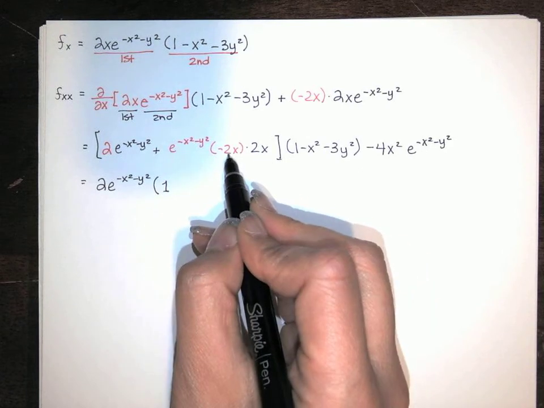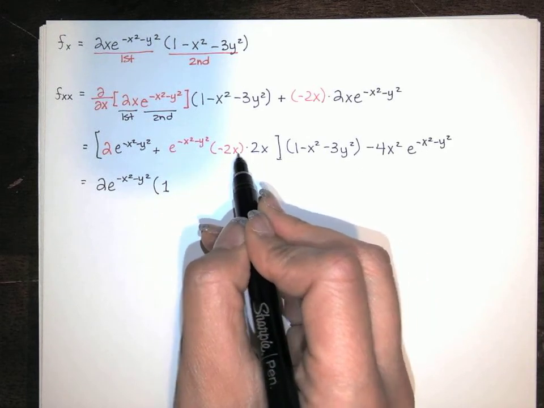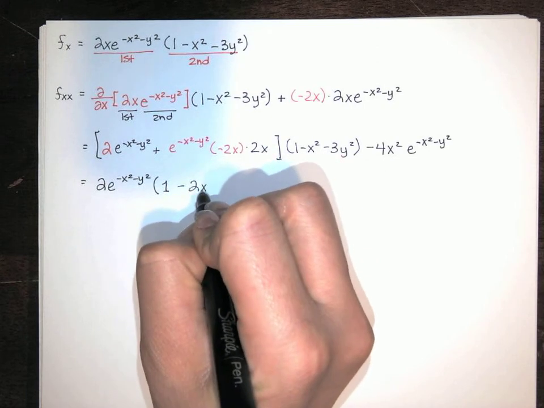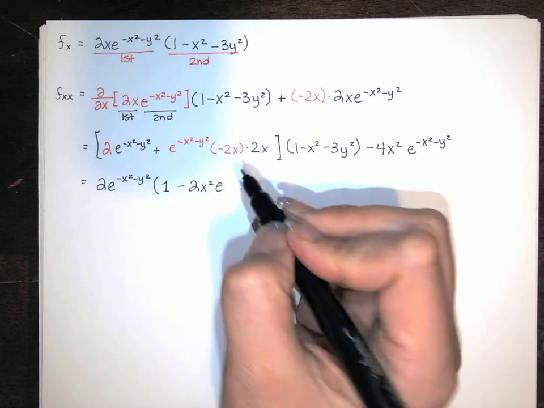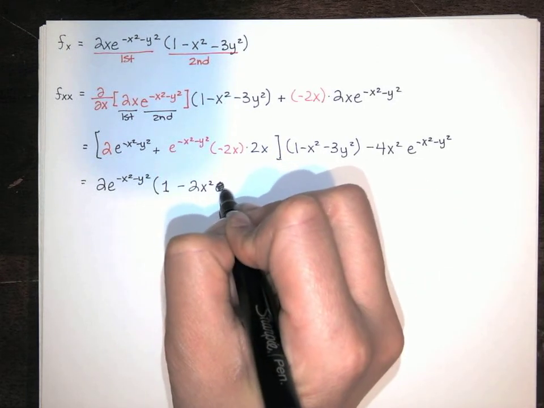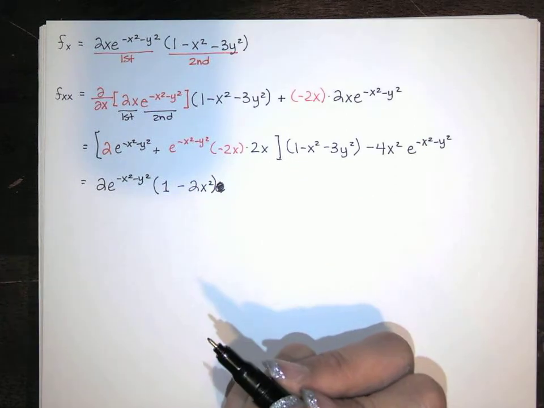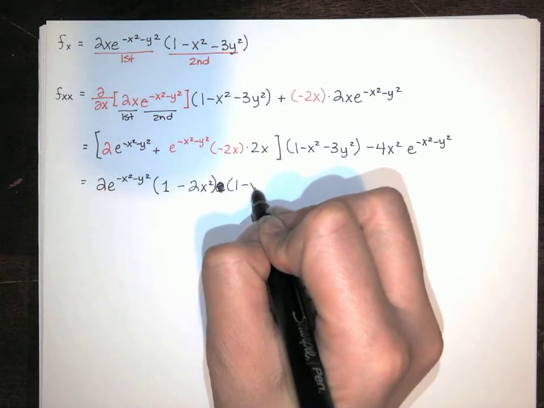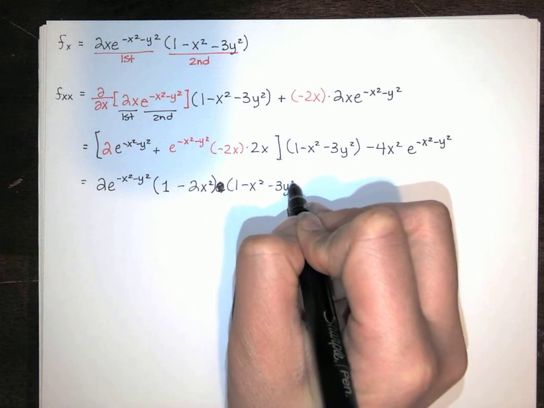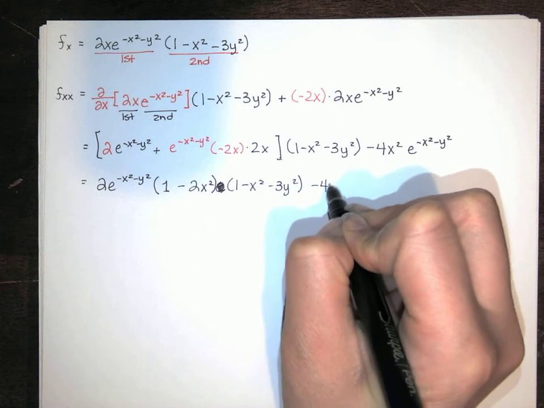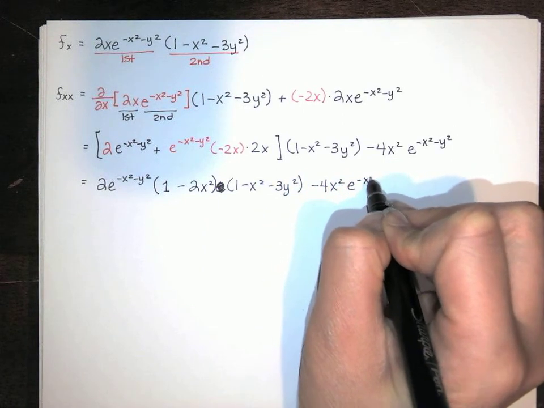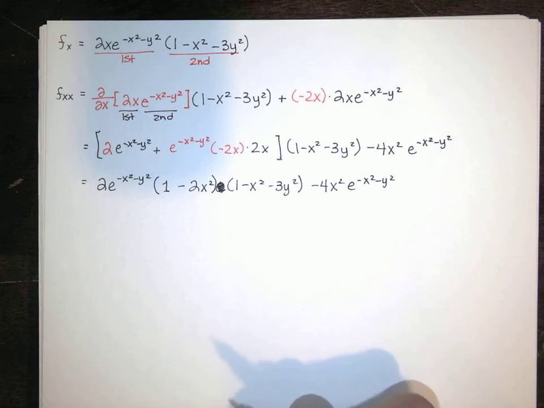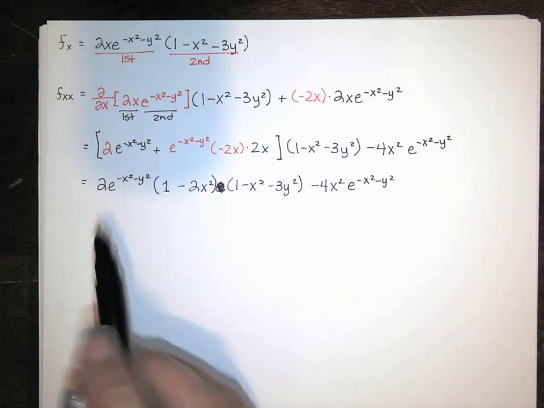I got rid of one of the 2's. I'm still left with a negative 2x squared times e. No, I already got rid of the e, so that's gone. So I've got 2 times this times the quantity 1 minus x squared minus 3y squared minus 4x squared times the exponential.